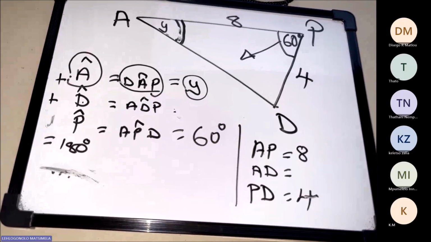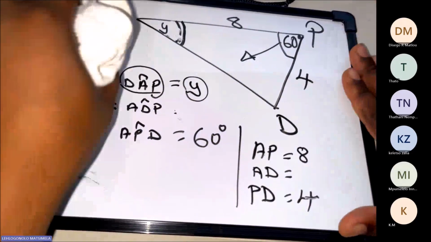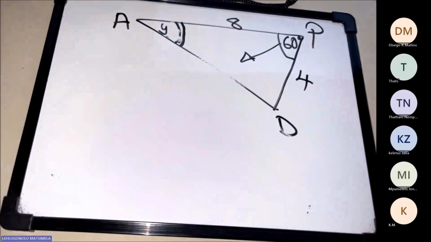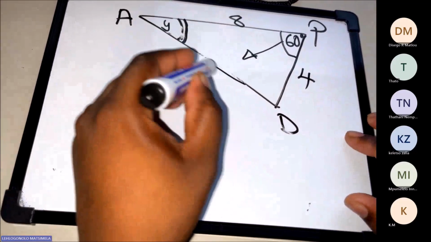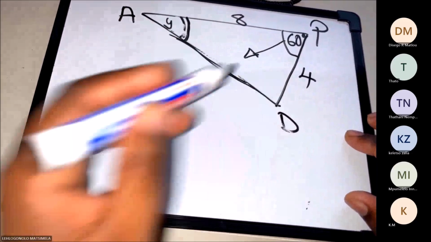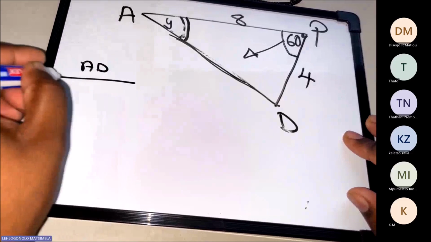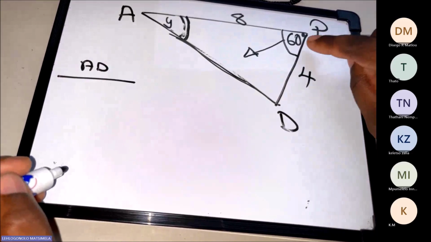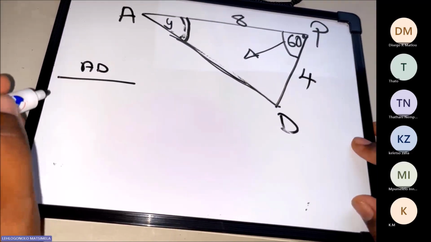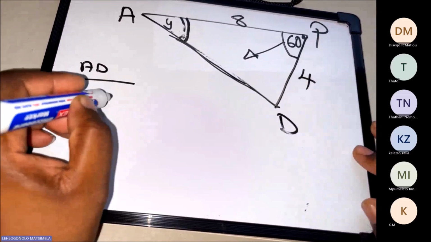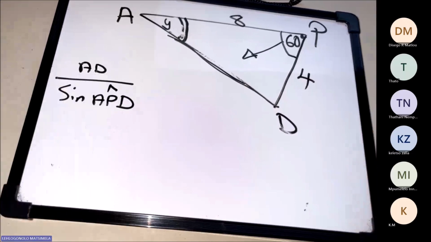So simply, let me wrap, because I assume you are writing. Side AD is opposite to angle 60, which is angle APD. You see, I'm doing something here that you will have to do on your own when you are alone.